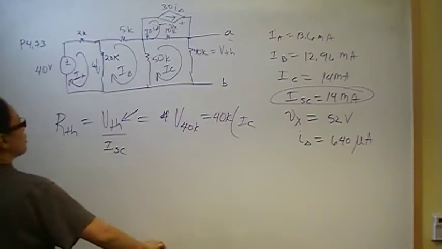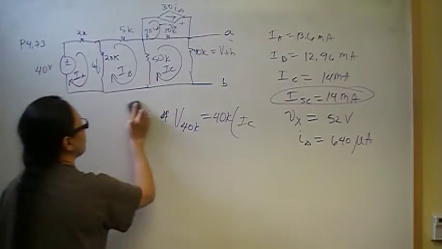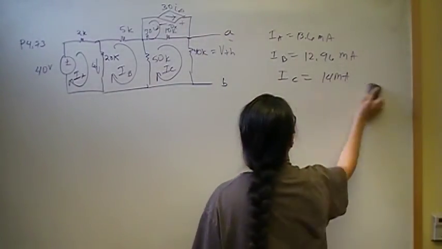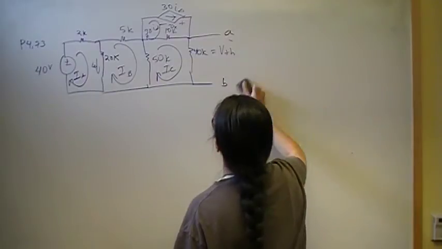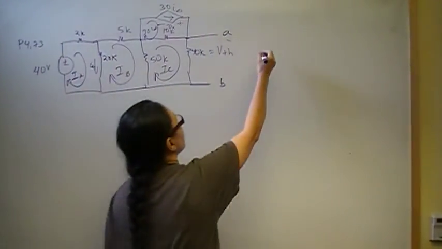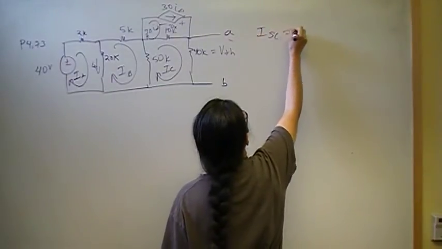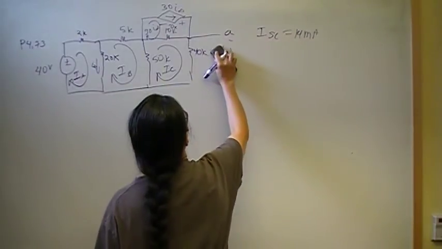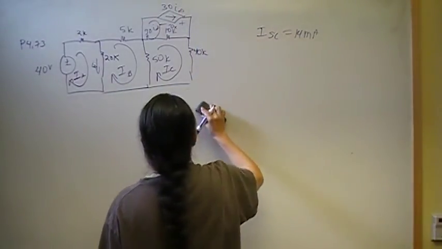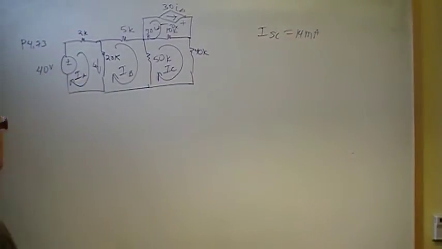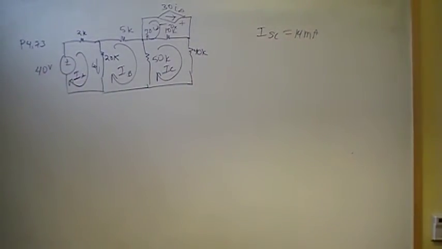So now I'm going to redo the mesh method. I'm going to park my I short circuit value over here because that's one half of the problem. I found I short circuit; that was 14 milliamps. Now I'm going to redo the mesh method, and all my equations will look almost identical, except now I've opened the load and I'm looking for the voltage drop across the 40K resistor, because that is my V Thevenin.